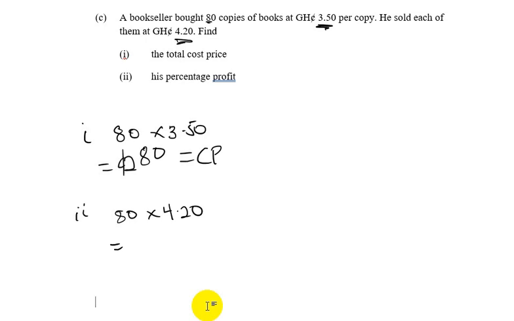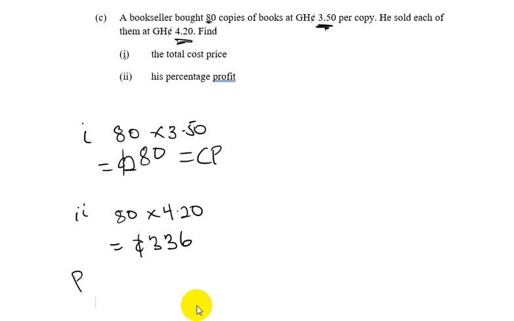So the total money that the woman got after selling it is 336. So this is what the person got after selling the 80 at 4.2. Now to know the profit, we have to subtract this.